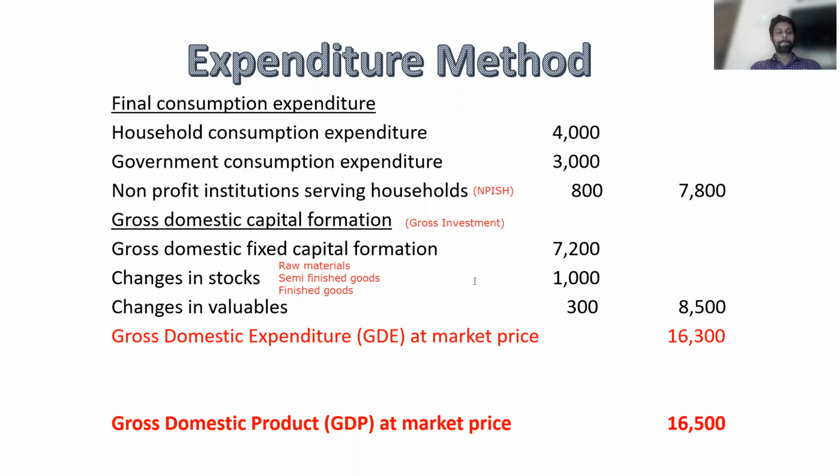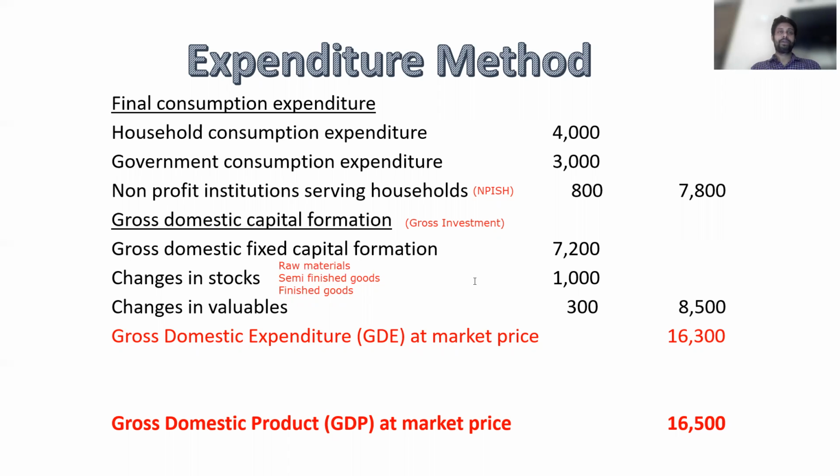Then changes in valuables, which SNA 2008 introduced newly. Valuables are things we keep for day-to-day purposes, maybe gold, diamonds, even antiques. These are valuable, but they are not used for production, nor for consumption.